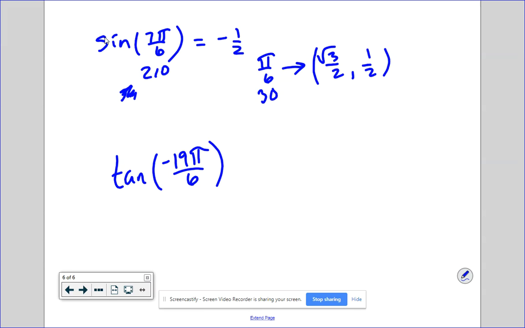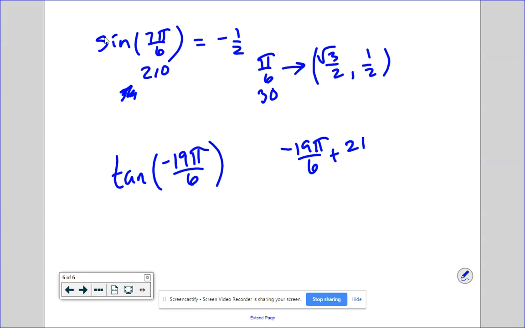So now instead of adding or subtracting 360, what do you think we have to add or subtract? What is the radian equivalent of 360? 2 pi. So, if I have negative 19 pi over 6, well, that doesn't fit my unit circle. That means I've gone counterclockwise 2 times around, at least.